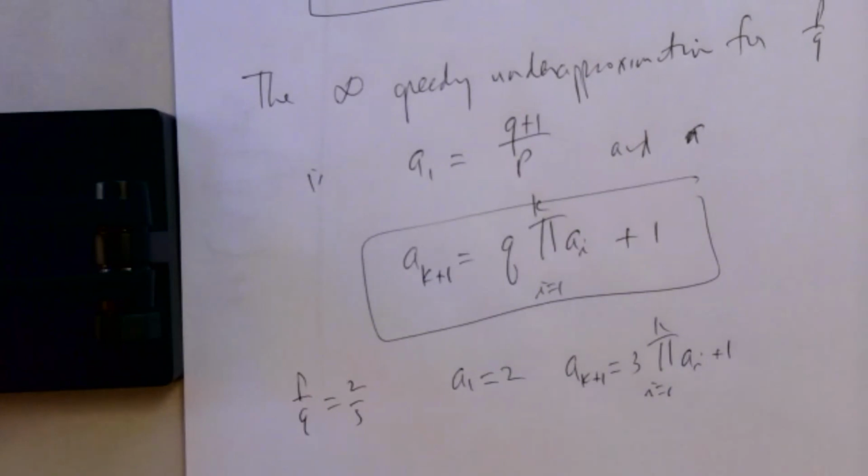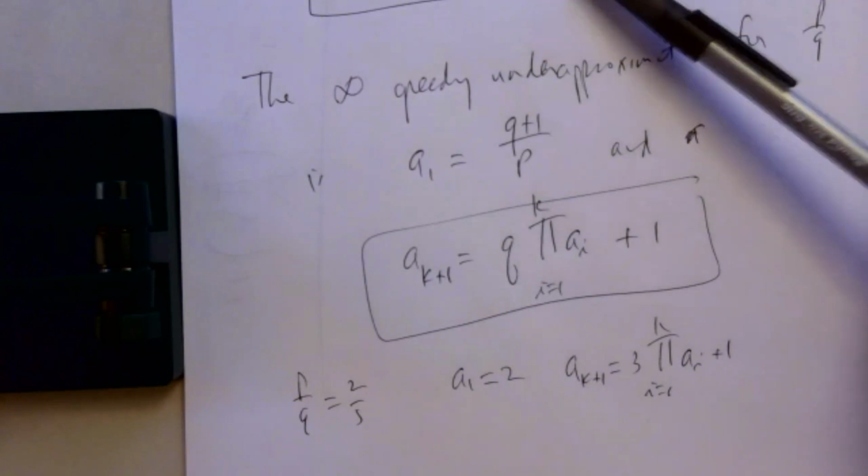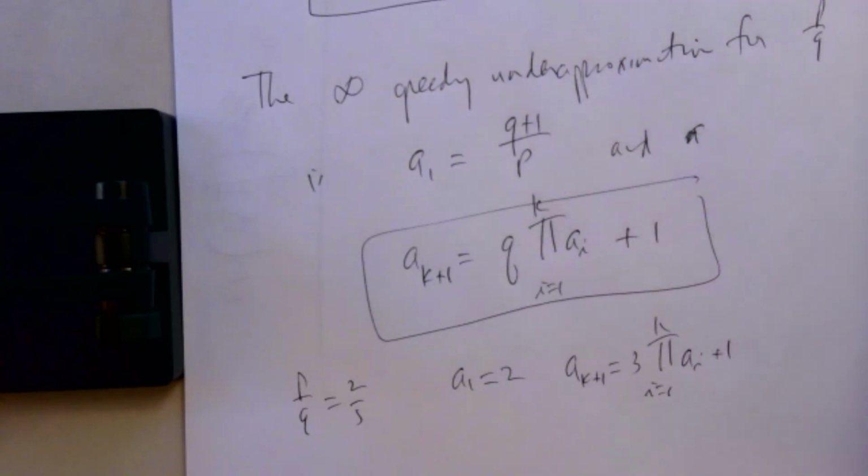And it's going to turn out that for all the numbers in this class, this greedy underapproximation is always the unique best one. But that actually is a little bit difficult to prove.